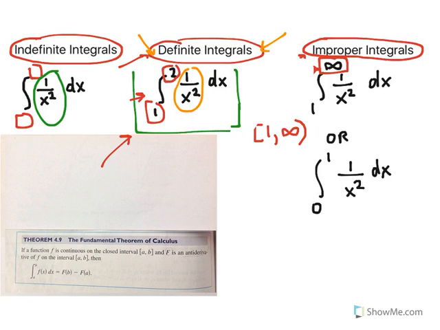The key thing I want to focus on to help you understand the second type of improper integral is the requirement that the integrand be continuous on the closed interval from a to b.